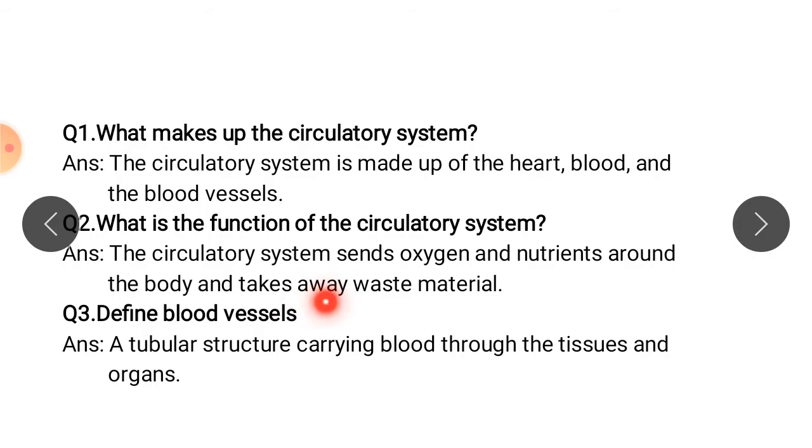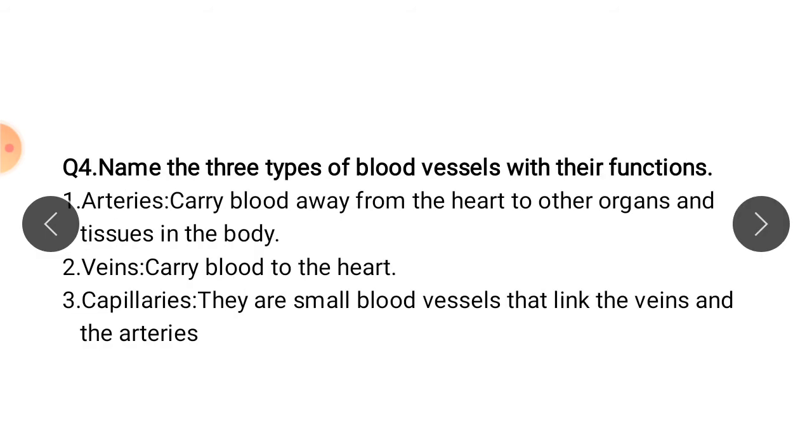Question number 3: define blood vessels. A tubular structure, just a tube-like structure, carrying blood through each tissue and organ is a blood vessel. Question number 5: name the 3 types of blood vessels with their functions. Arteries, veins, and capillaries are the blood vessels.